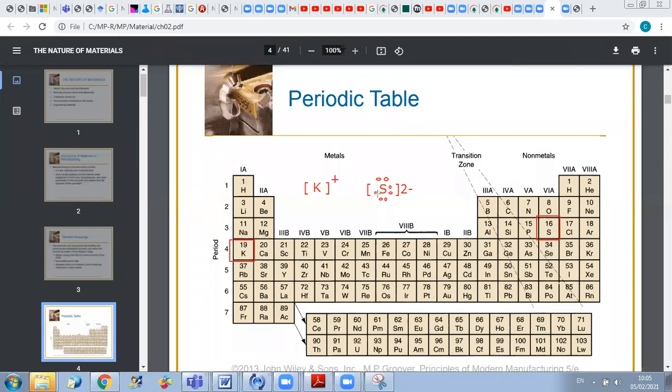I need 2 K atoms, because I have 1 positive charge for K and 2 negative charges for S. So I put another K ion on the other side. This is the representation of the ionic compound, which results in K2S.